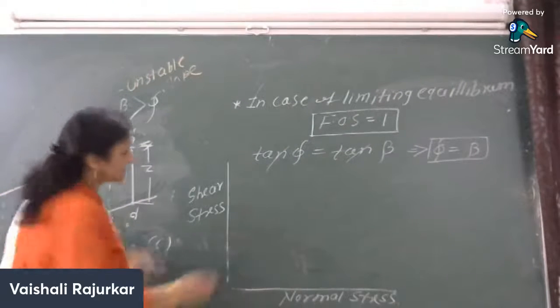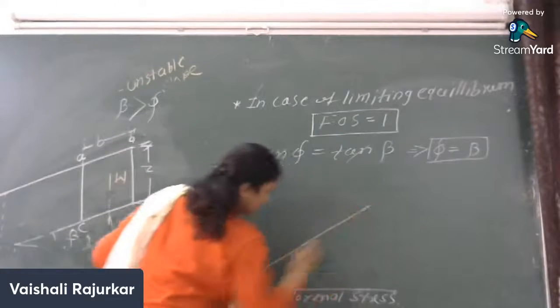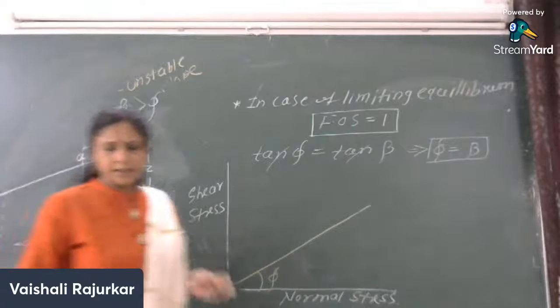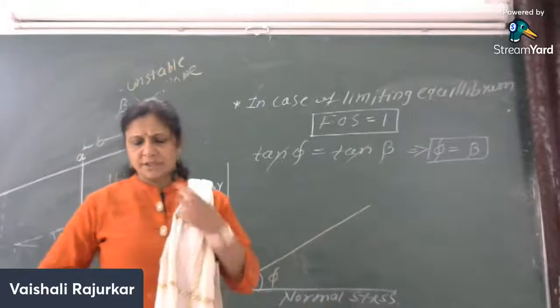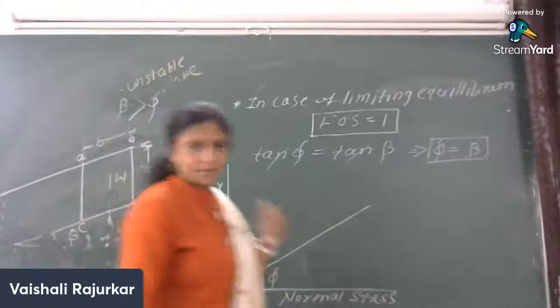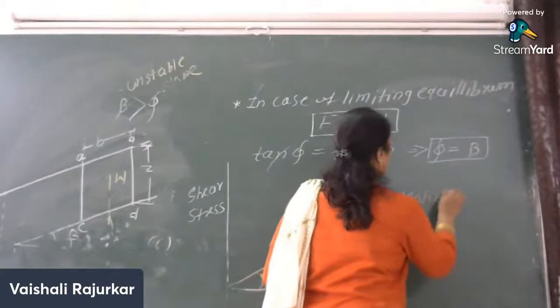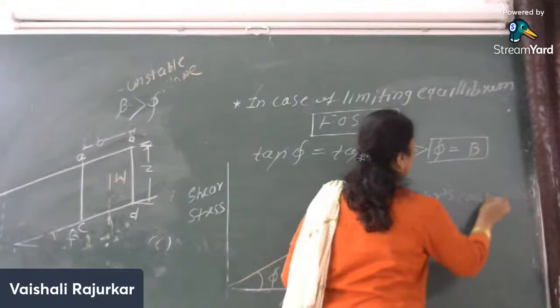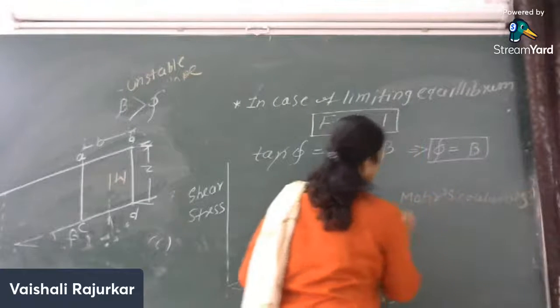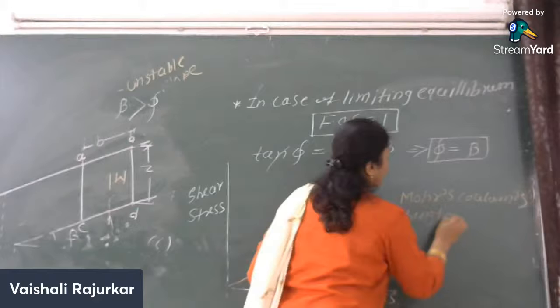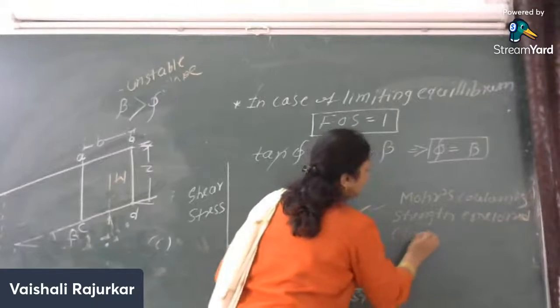Here this is phi, and this is the Mohr-Coulomb strength envelope, that is the limiting equilibrium.